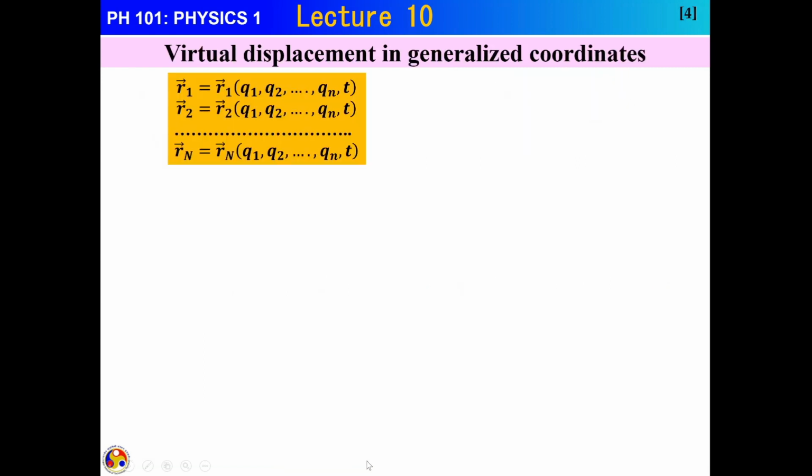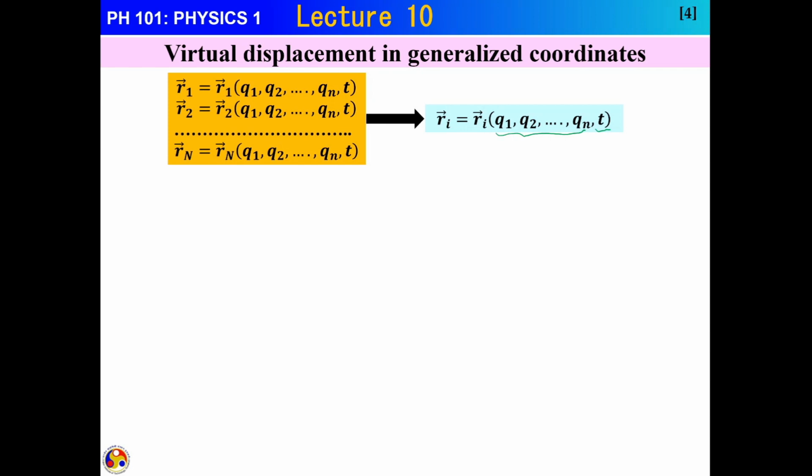Okay, let's consider a system of particles, or many particles in a system, whose positions are defined by vectors r1, r2, and up to rn for particles 1 to n. And you know that this can be very generally written as ri, which is nothing but the position vector of the ith particle, which has generalized coordinates and time.